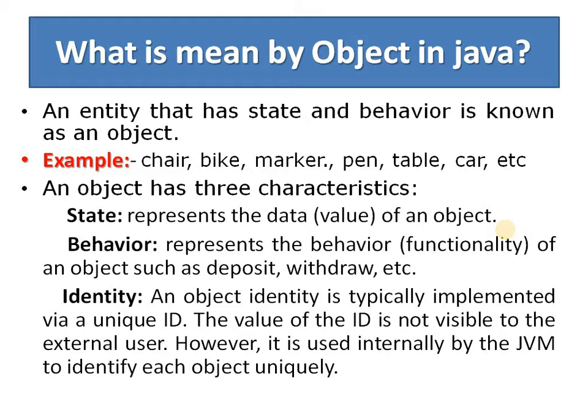An object identity is typically implemented via a unique ID. The value of ID is not visible to the external user. However, it is used internally by the JVM to identify each object uniquely. Understood?